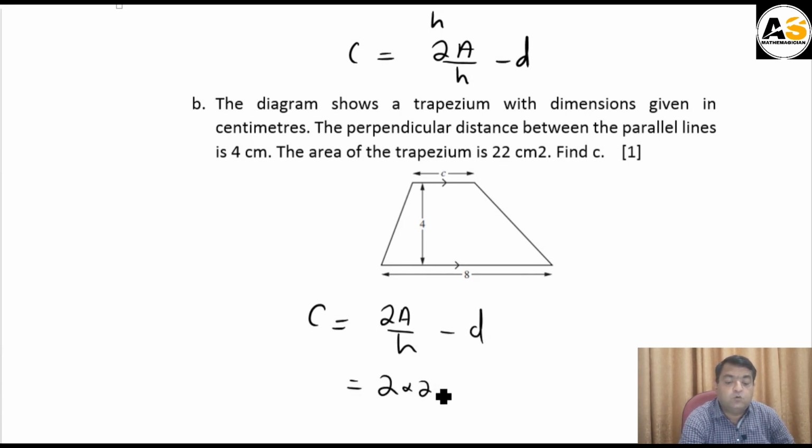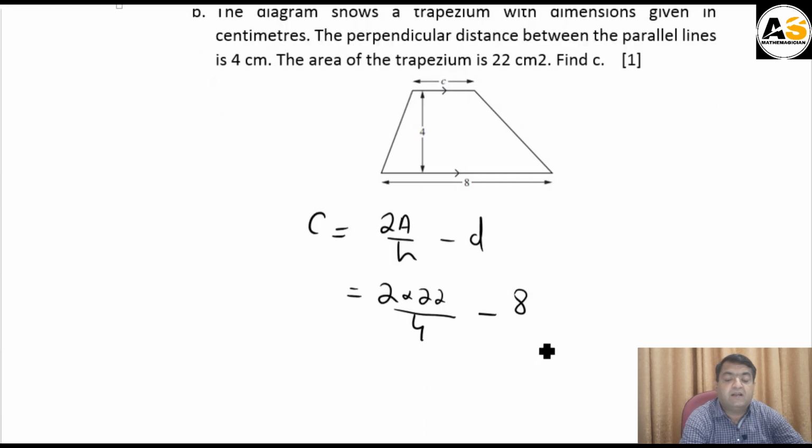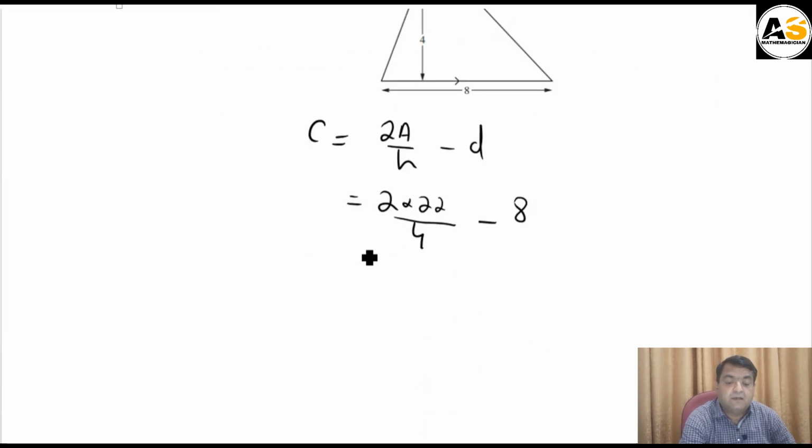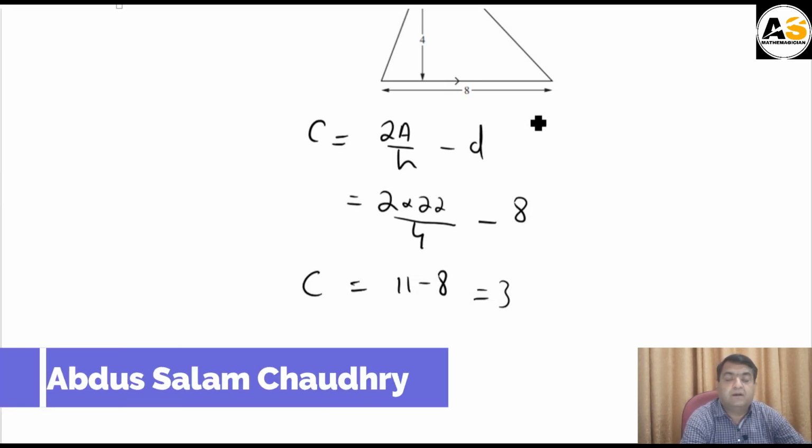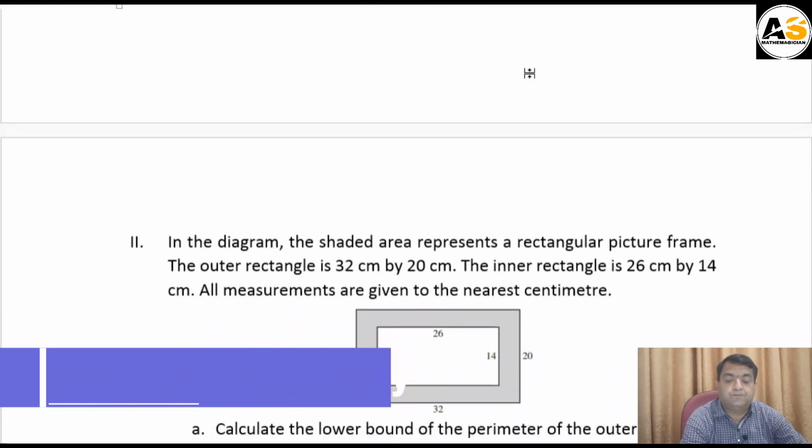Area, which is 22, over H. H is 4 over here, minus D, the length of one parallel side. So from here I will say this is 11 minus 8, which is 3. So C is equal to 3. This was question number 2, part 2.